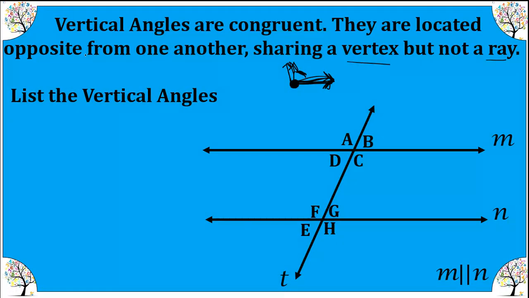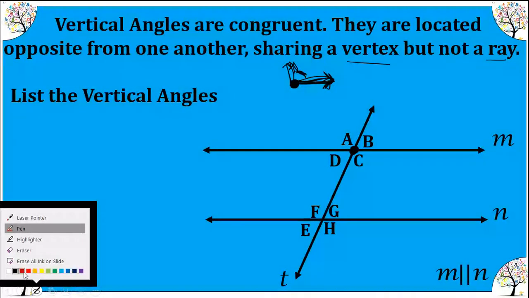So according to this simple definition, vertical angles share a vertex. So here is a vertex. Let's take a look at the top portion of our diagram. And let's switch colors right quick.